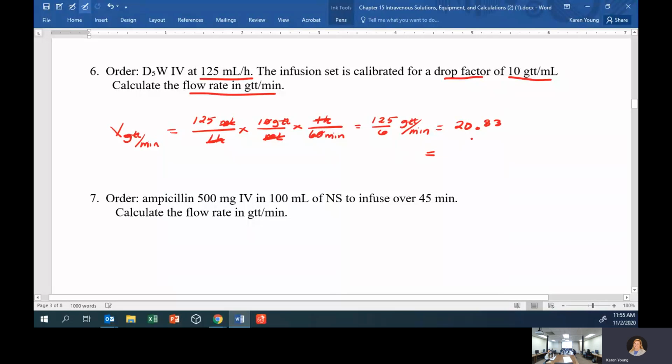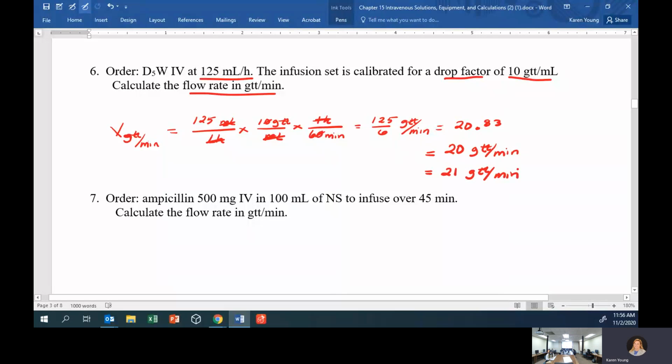So I'm going to round this, and depending on where you work, they'll either want it left as the whole number you got, so 20 drops per minute, or rounded to the nearest drop, which in this case would be 21 drops per minute.